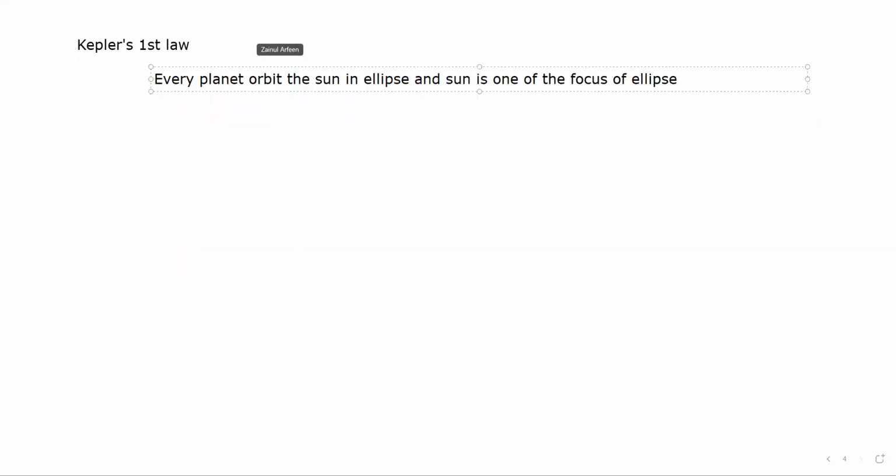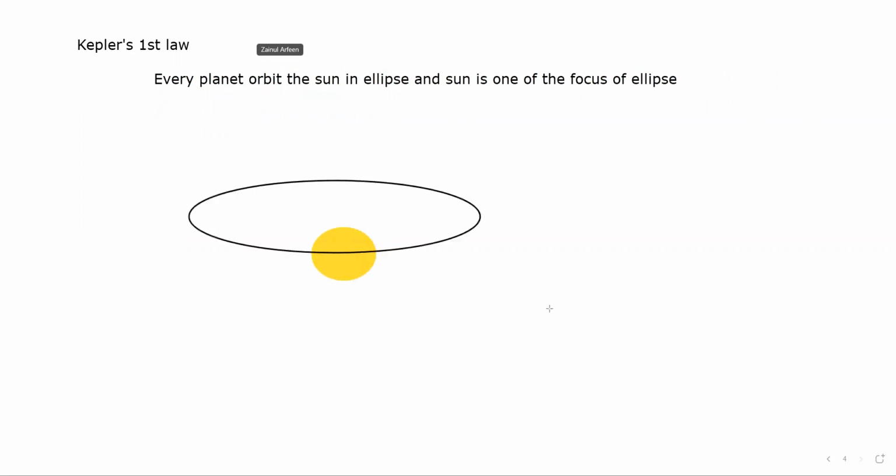So what does it mean? It means, for example, this is the Sun, and the planets are moving in an ellipse.